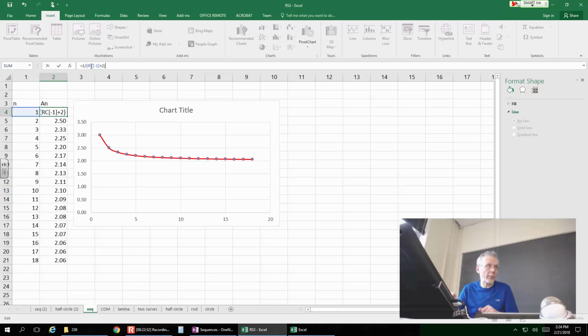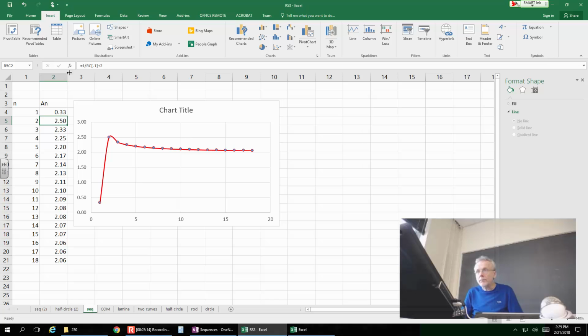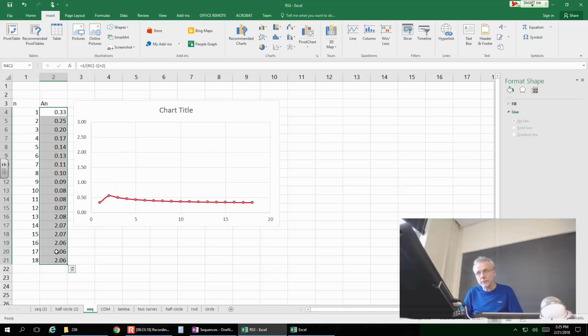What do you think is going to happen to the graph? The original graph of 1 over n will be shifted indeed, but this shift will disappear. As far as this graph is concerned, it will go all the way down, and this is what's happening. So it's almost identical graph to 1 over n.